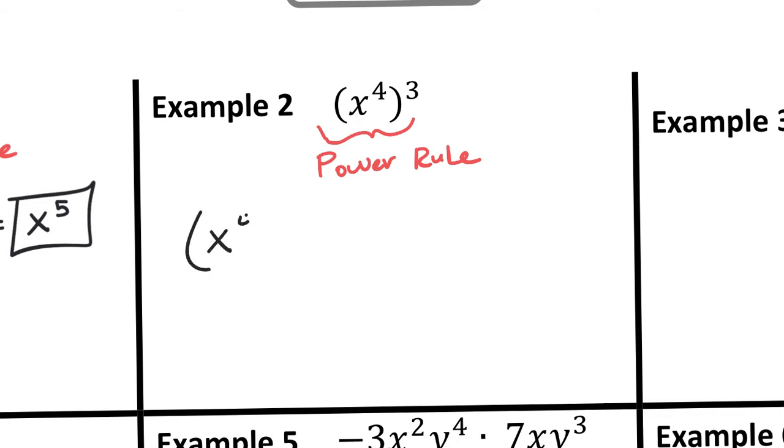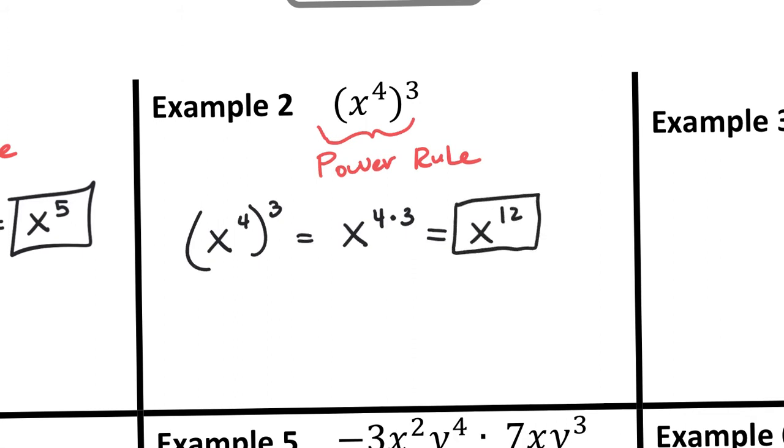X to the fourth is being raised to the power of 3. So what happens is the 4 and the 3 exponents multiply. And so we end up with x to the power of 12. Okay.